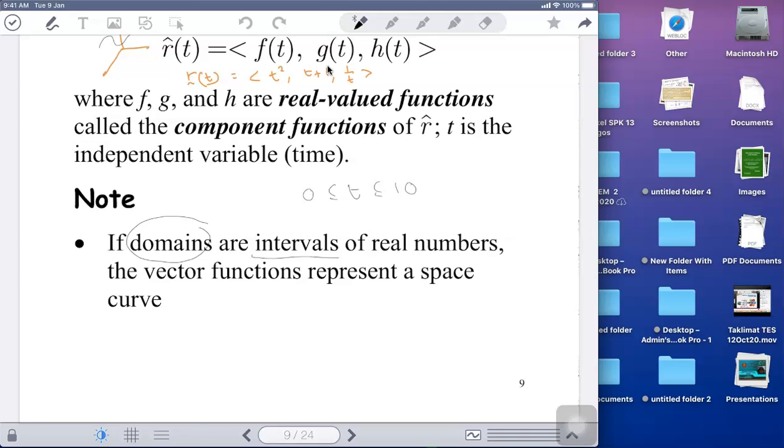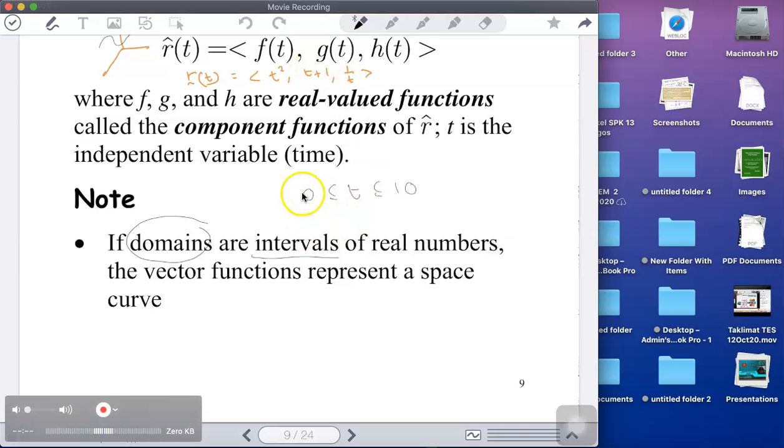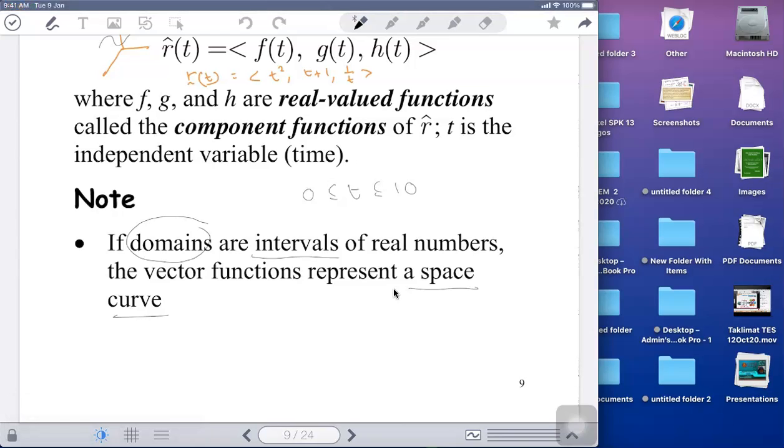If you have that kind of domain, which is the interval of the parameter t, then the curve, just like I said to you just now, is representing a curve in space or space curve.